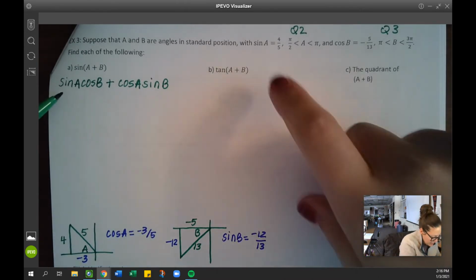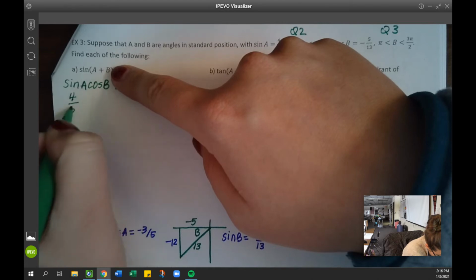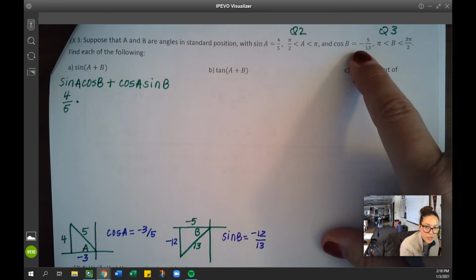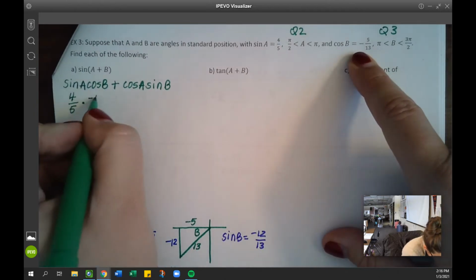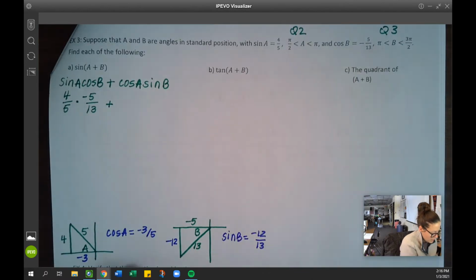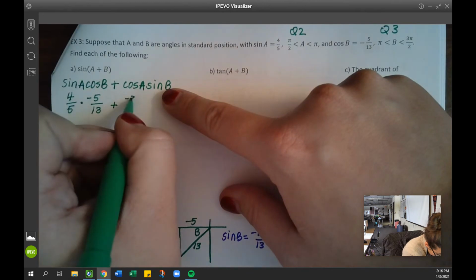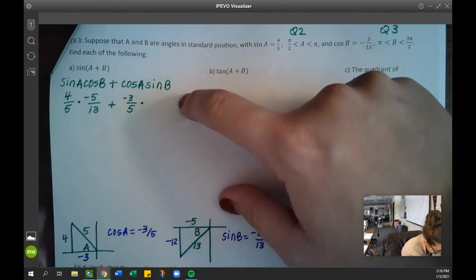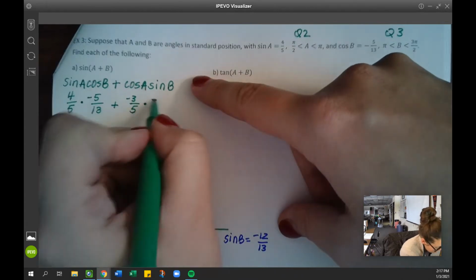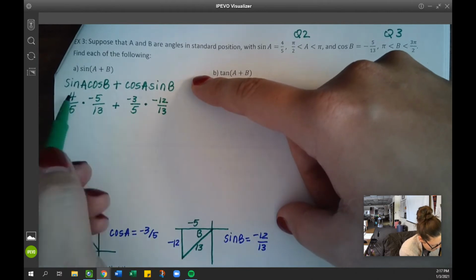So sine A was given to us, 4/5, times cosine B, which was also given to us, negative 5/13, plus cosine A, which we had to figure out, that's our negative 3/5 there, times sine B, which we had to figure out, negative 12/13. And then we go through and simplify.